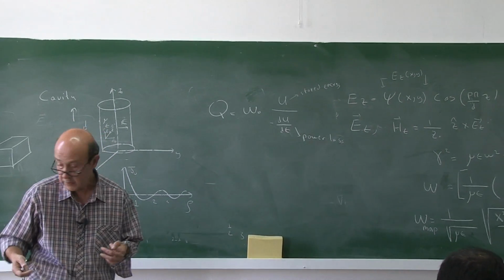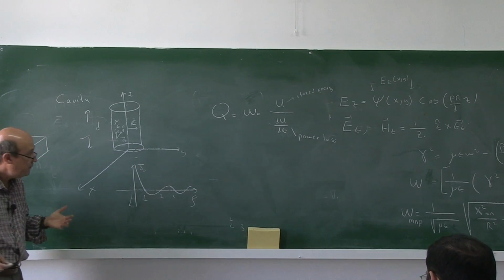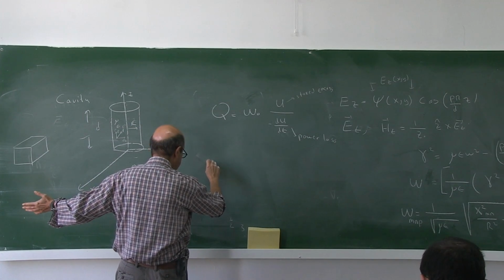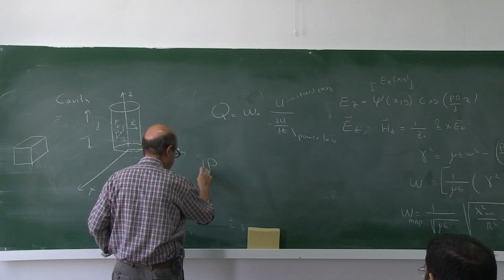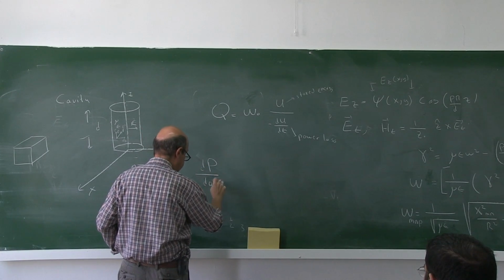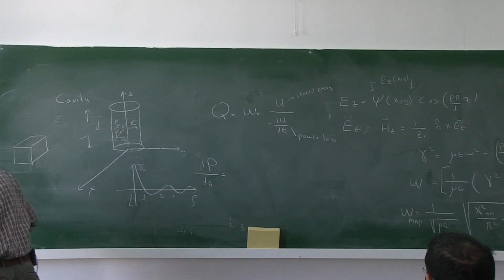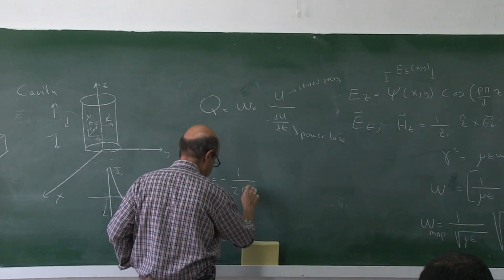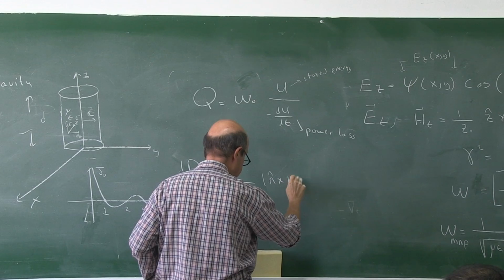Power loss could be calculated by the same formula we used. If you remember, we wrote something for dP over the area, which was equal to 1 over 2 sigma times the skin depth times n cross H squared.